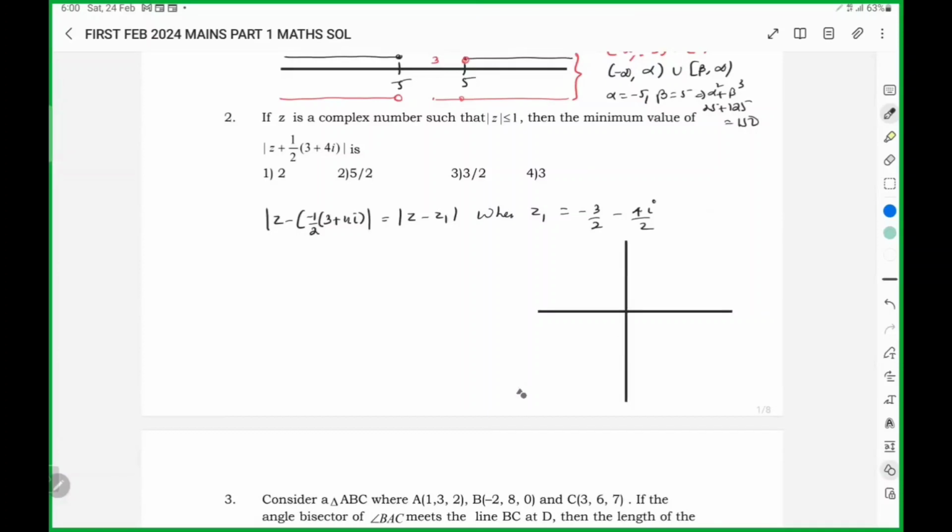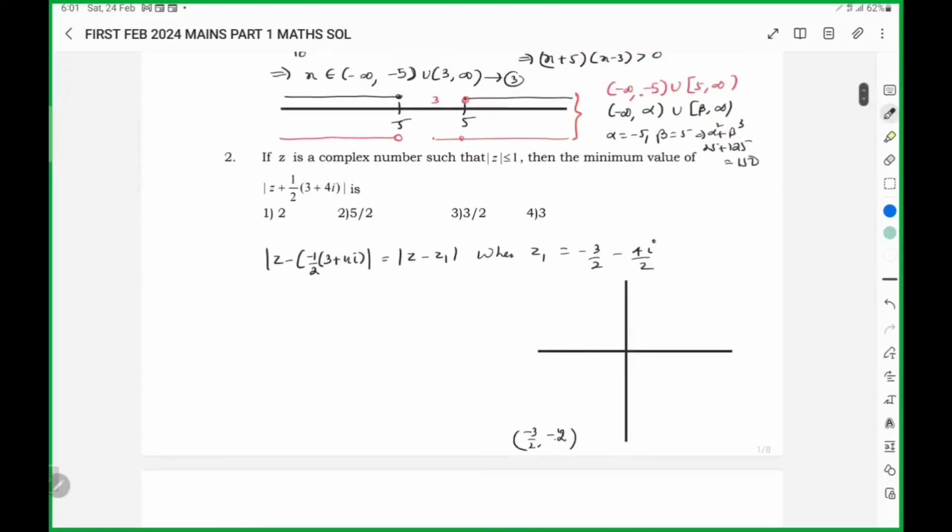Somewhere here, both are negative, minus 3 by 2, minus 4 by 2, which is minus 2. And here mod z less than 1 means z minus 0 less than 1. Z is x plus iy, so x square plus y square less than or equal to 1. So it represents a unit circle.